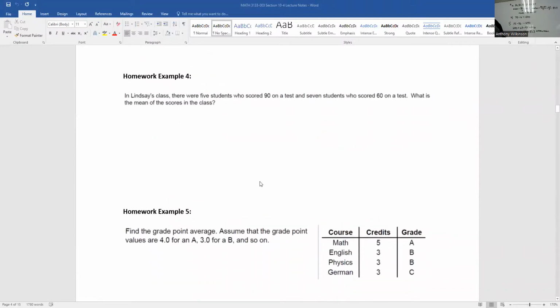All right, let's say in this example, Lindsay's class had 5 students who scored 90 on a test and 7 students who scored 60 on the test. What is the mean of the scores in the class?